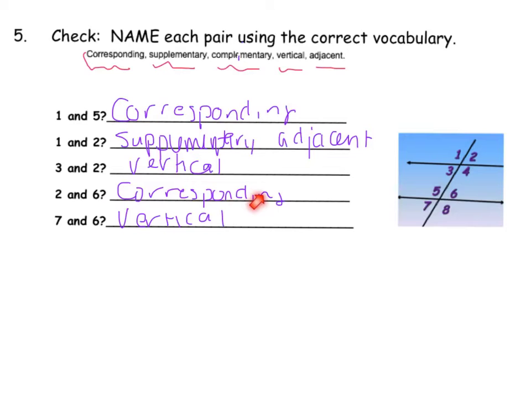Corresponding again for 2 and 6, same location, different neighborhood or intersection. And 7 and 6 are across from each other, so they are congruent. By the way, corresponding angles we also know with parallel lines are congruent, so that means 1 and 5 are congruent or the same angle measure, 2 and 6 are the same angle measure, 3 and 7, and 4 and 8.